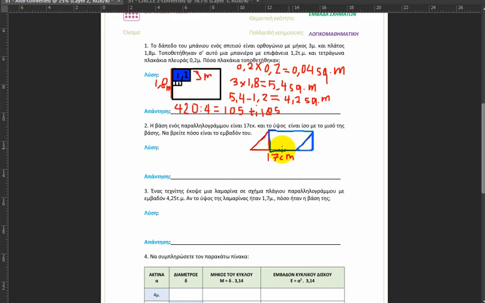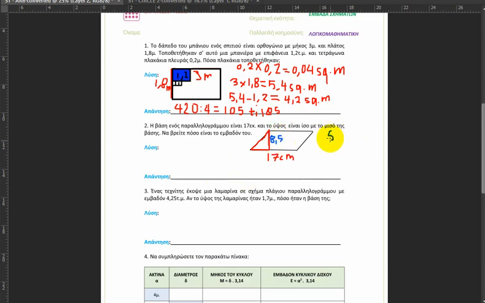This side we already know, the 17. It's this side that I currently don't know. That is its height. We are given that it is half of its base. So half of 17 is going to be 8.5. So I need to do 8.5 times 17.